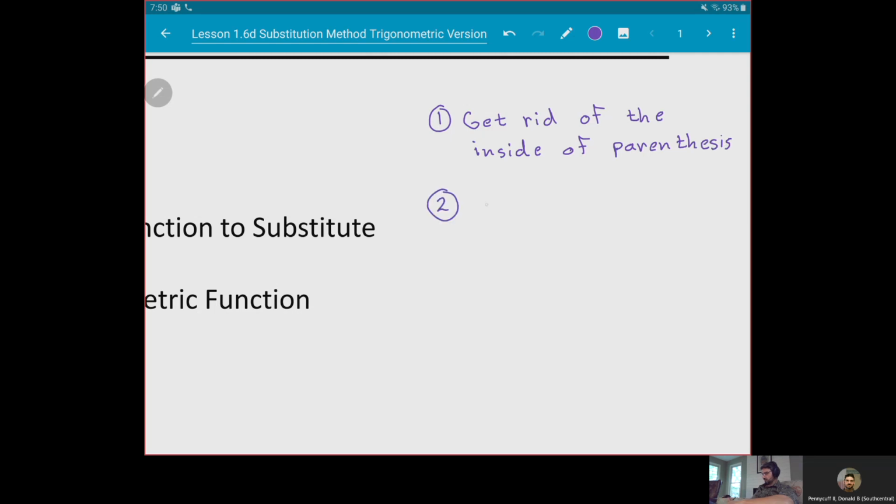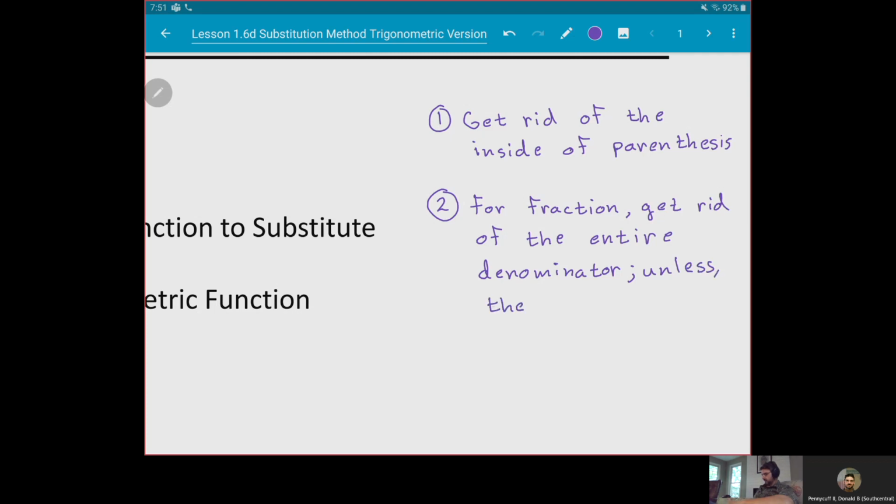If you have a fraction, say, or fractions, what we want to do is get rid of the entire denominator. Unless there is a fraction, there is a parenthesis.